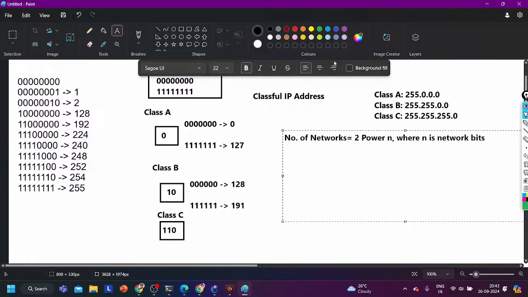So I am able to see in class A we have 8 network bits, and we also know we have already reserved 1 bit. That means in class A we have 7 free network bits, meaning we can design 2 to the power 7 networks.